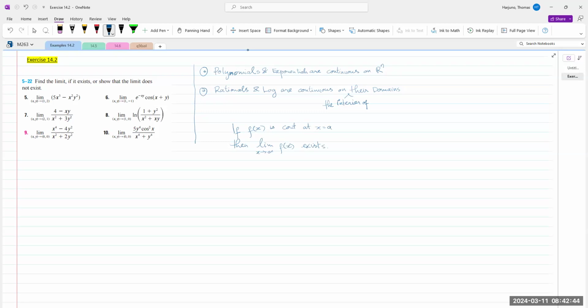Continuity is actually a much stronger case compared to just the existence of limits. It is possible we have a function that is discontinuous at x equals a, yet the limit still exists.